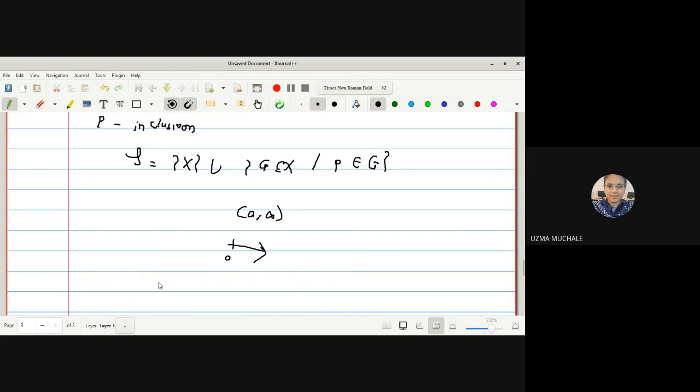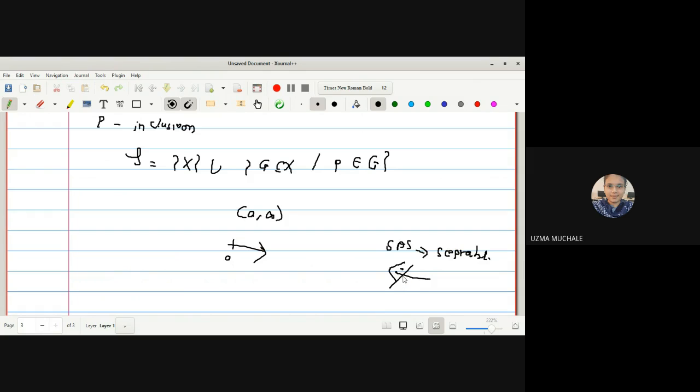Then being a separable space is a topological property, and every second countable space is a separable space. But the converse need not be true.